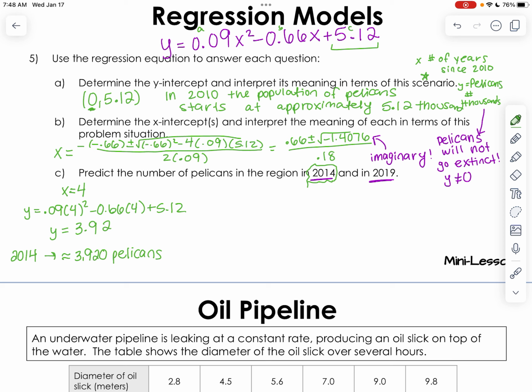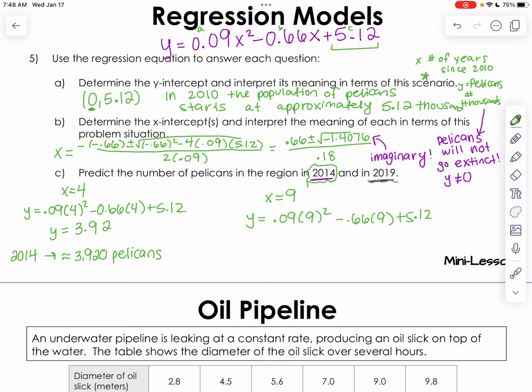Let's try 2019 now. So for 2019, that would be 9 years after 2010. So that would be x equals 9. I'm going to plug in. We've got y equals 0.09 times 9 squared minus 0.66 times 9 plus 5.12. Sorry.